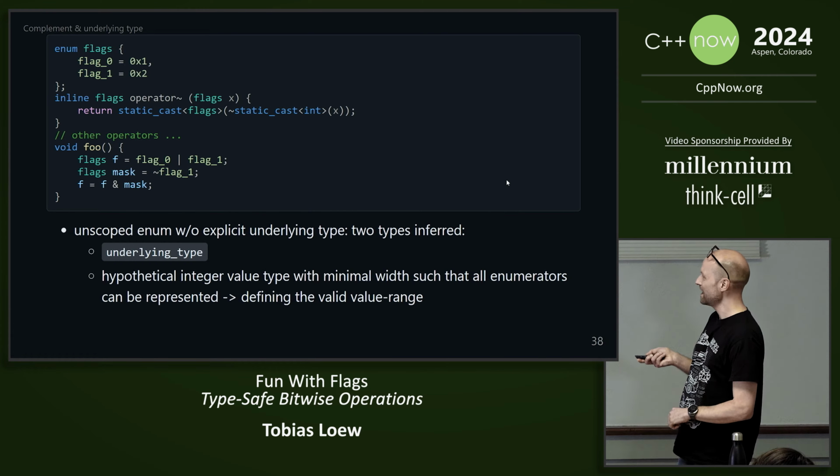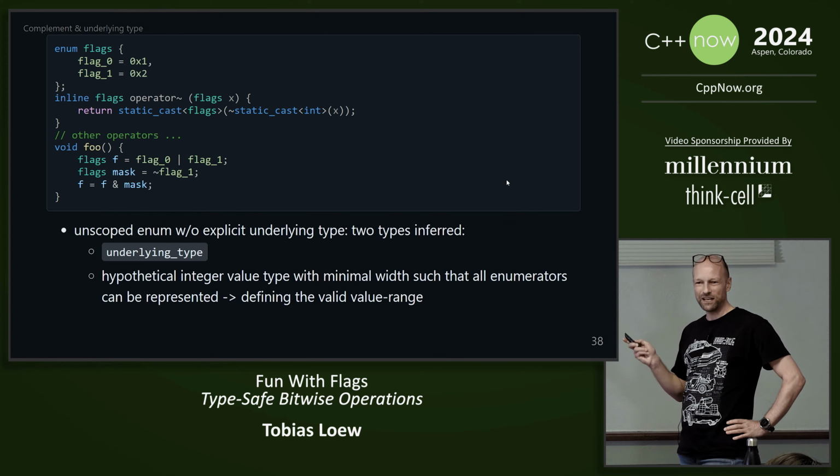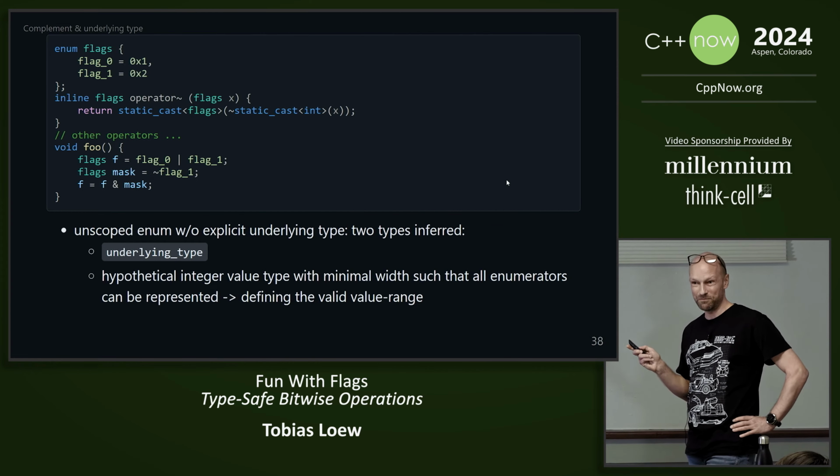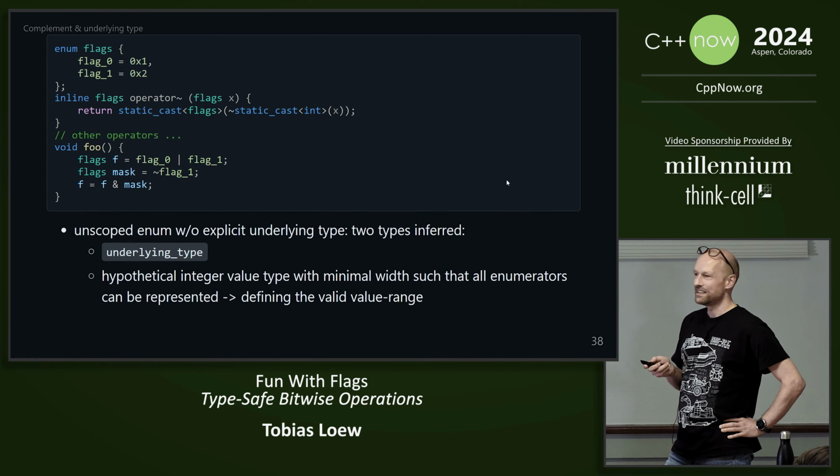And this hypothetical integer value type defines the valid value range you're allowed to use for your enum. If you use another value, you're having undefined behavior. Right. That's why you have to mask it off before you cast it back.